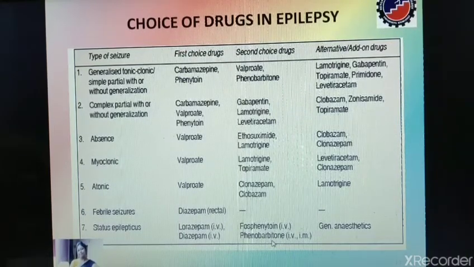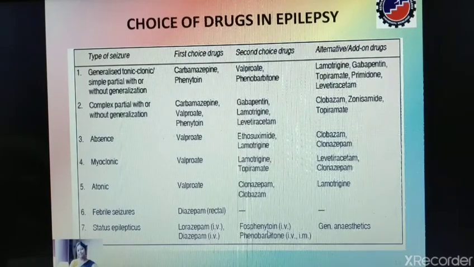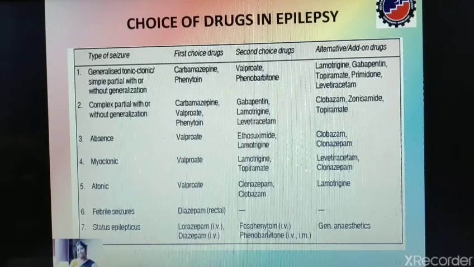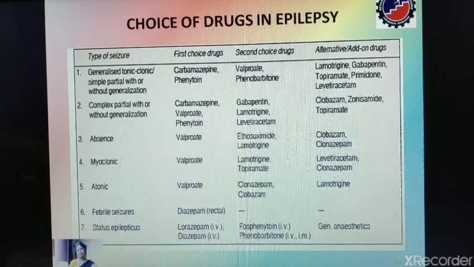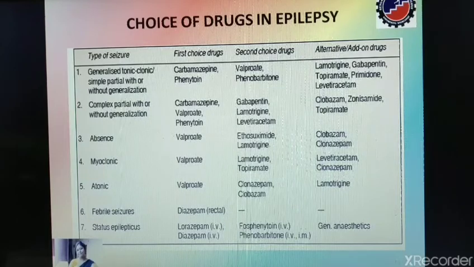I hope you remember the difference between fosphenytoin and phenytoin: fosphenytoin can be given IV, and if phenytoin is given IV, it would develop purple glove syndrome. I hope you remember that. And here the add-on drug is general anesthetic.